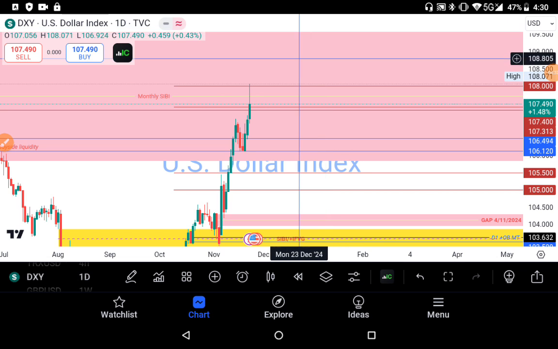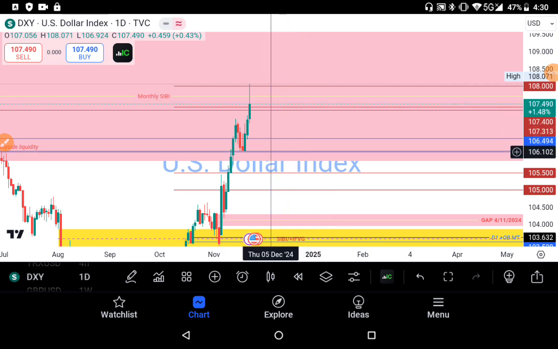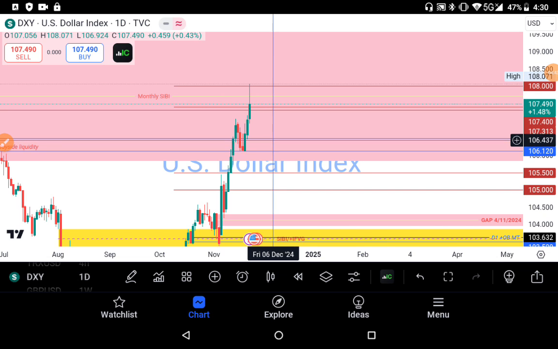Also, I'll be able to bear a retracement into the 106,500 level. I'll be able to bear a retracement into that level.